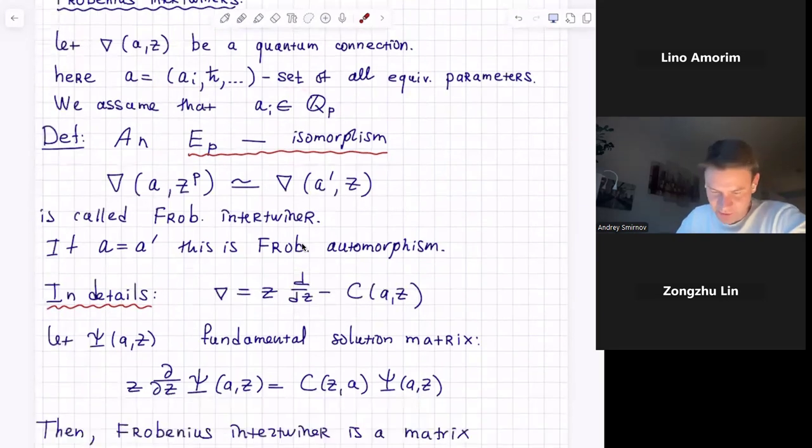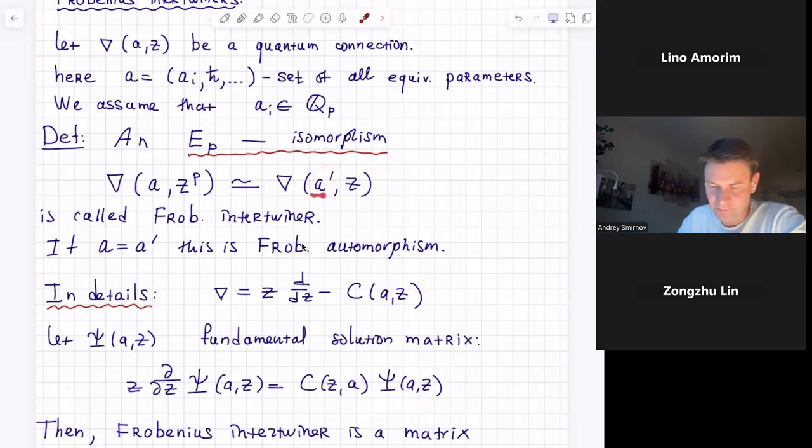And so by definition, the Frobenius intertwiner is an E-valued isomorphism which sends the connection at z to the power p, so when you replace the variable z by its pth power, to the original connection at z, with maybe some other choice of equivariant parameters.